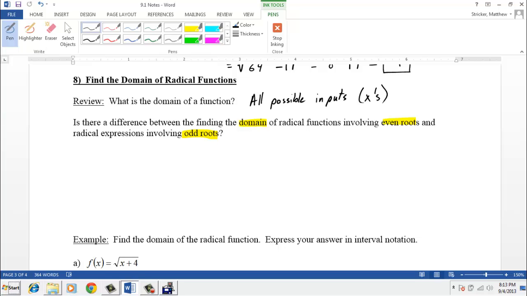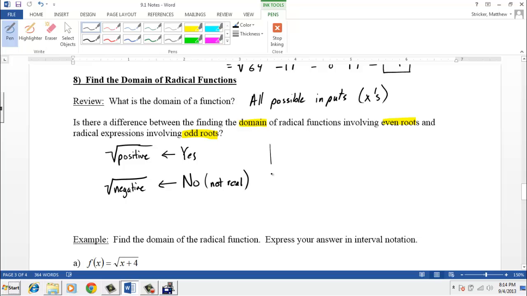Because remember, you can take the square root of a positive number. Yes, you can do that. But can you take the square root of a negative number? The answer is no. We said that that was not real.